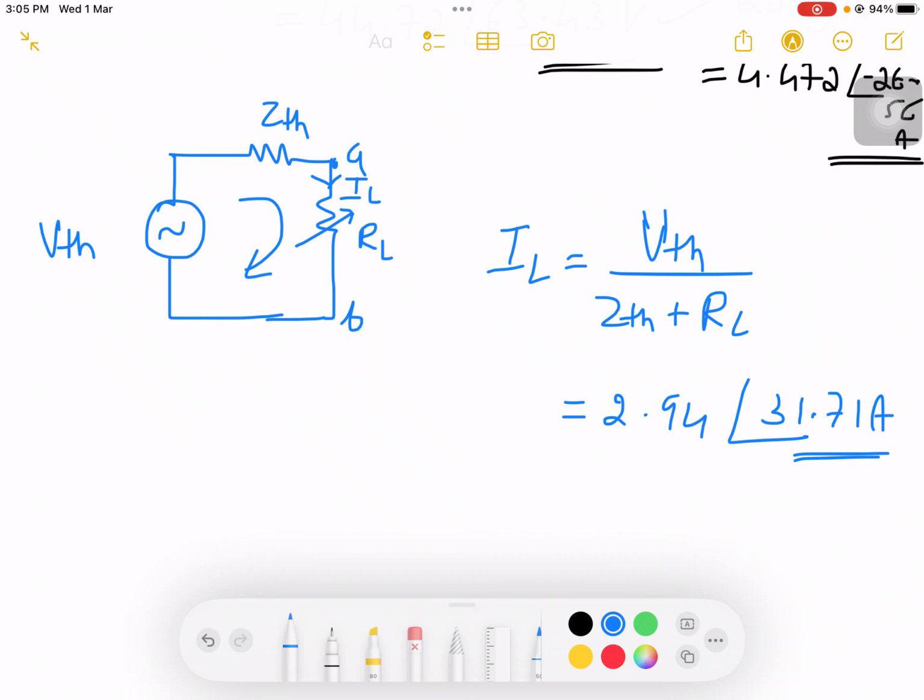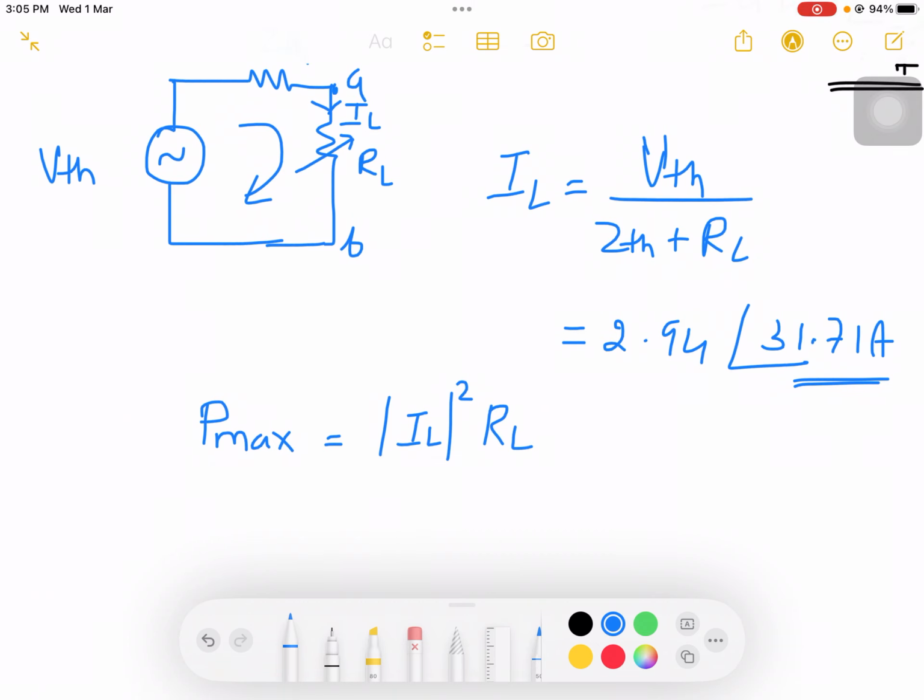And also I can determine the power. The maximum power P max is given by IL square into RL. For IL we consider only the magnitude, that is 2.94 whole square, into RL, which we got above as 8.94, which will give us 77.27 watts.